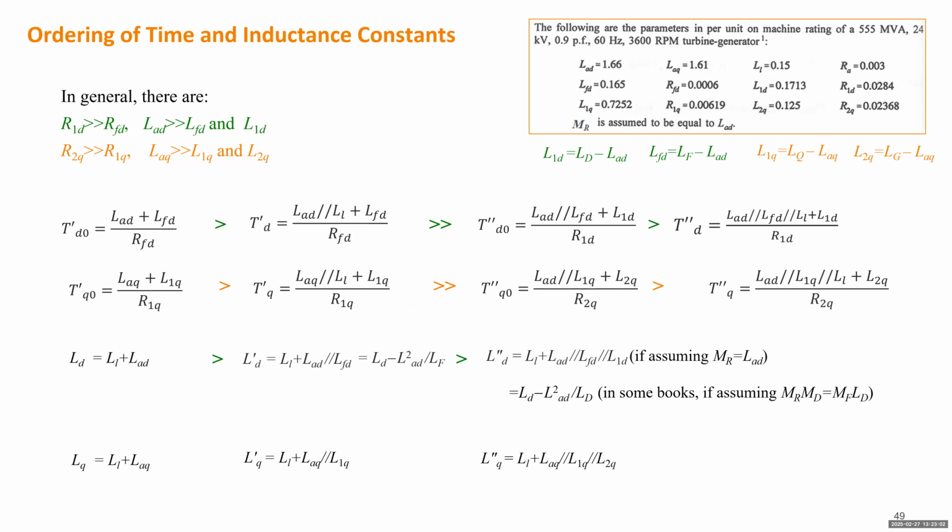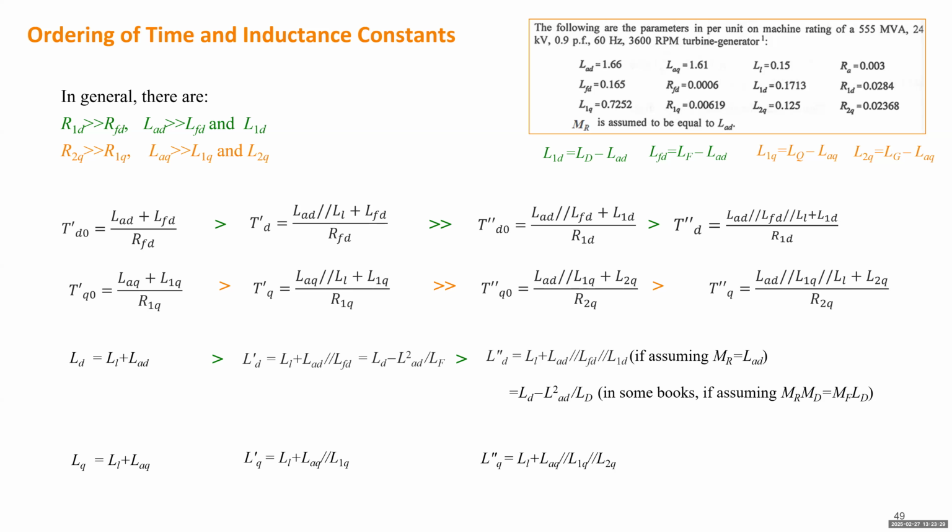When we explain the meaning of, for instance, LD, LD single prime, LD double prime: LD is basically just the total of the leakage inductance and the stator winding inductance. And LD single prime means you add another field winding, an additional winding in the D axis from the rotor, but that is faster.